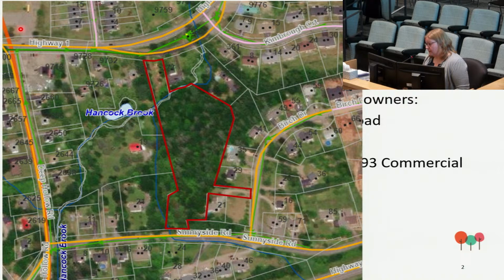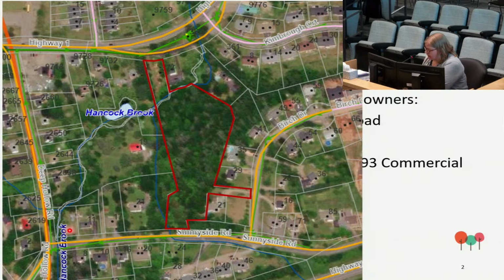It says Highway 1 here, but it turns down onto a separate road called Sunnyside Road, as well as frontage on Birch Drive and Sunnyside Road in the south. The property is roughly 4 acres, and the proposal from the owner is to develop two 25-unit multi-unit dwellings.